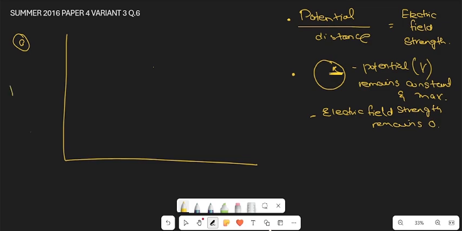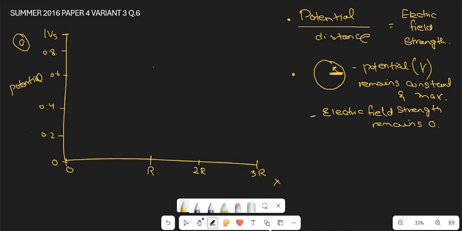So here it says potential, and here this is distance x, this is 3r, this is 2r, this is r, and this is 0, and here it's 1 Vs, and then it decreases to 0.2, 0.4, 0.6, and 0.8.